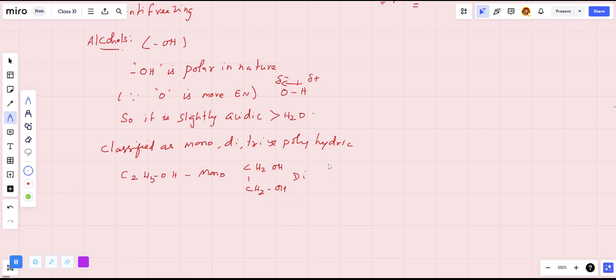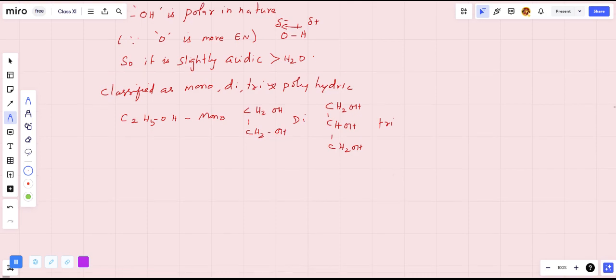Then tri means CH2OH, CHOH, CH2OH, three alcoholic groups. It's a tri, glycerol. So these are the classification of alcohols: mono, di, and tri polyhydric compounds.